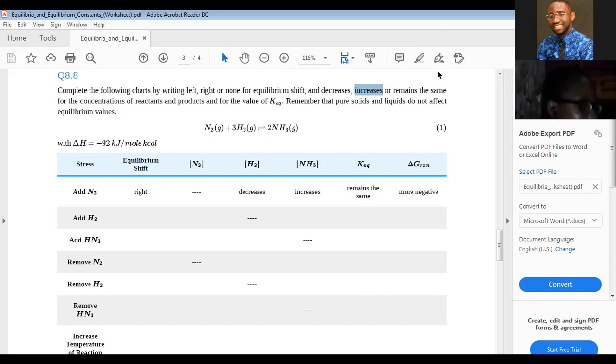Come on. To the right. To the right. Why? Because a decrease in concentration of products will cause the equilibrium to shift to the right. Okay. I wanted you to really know that.